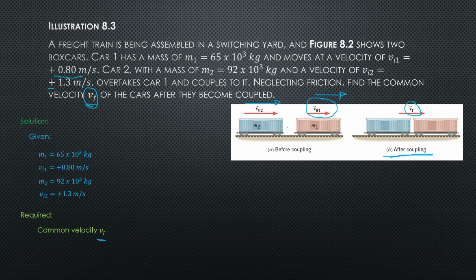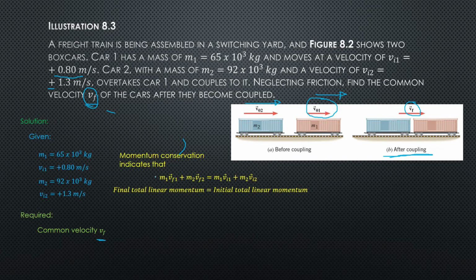Now, momentum conservation indicates that final total linear momentum is equivalent to initial total linear momentum. This equation now has a singular final velocity because they became coupled.